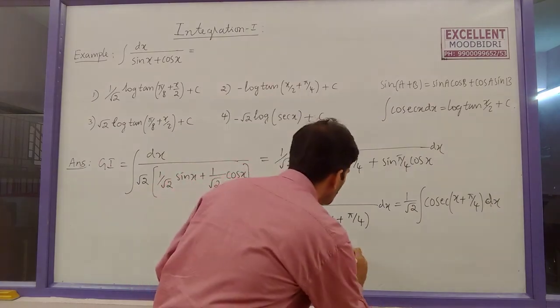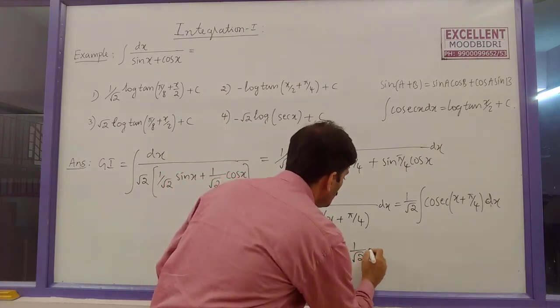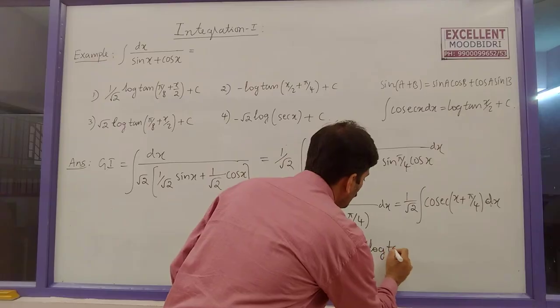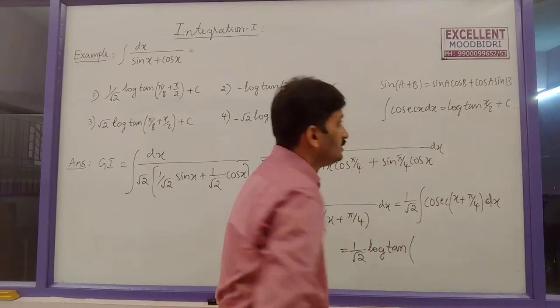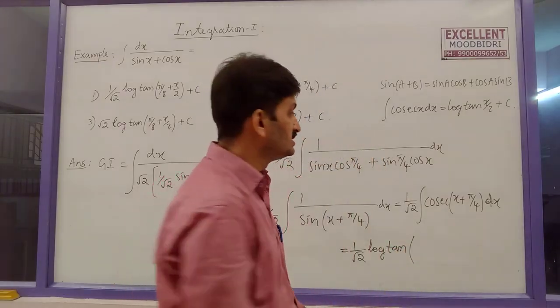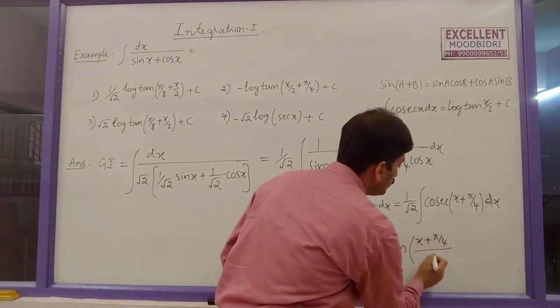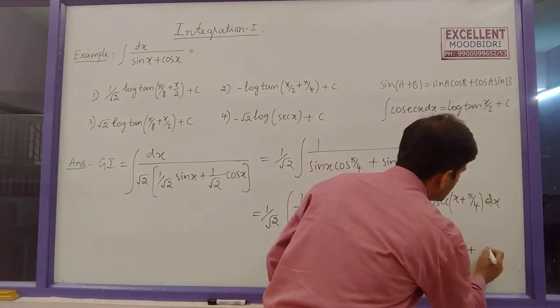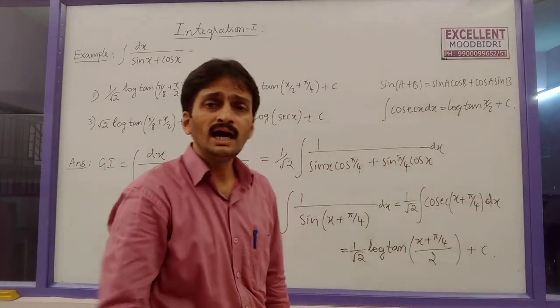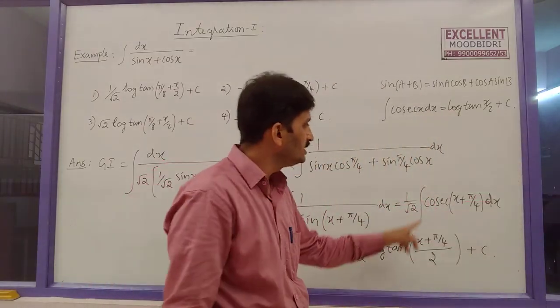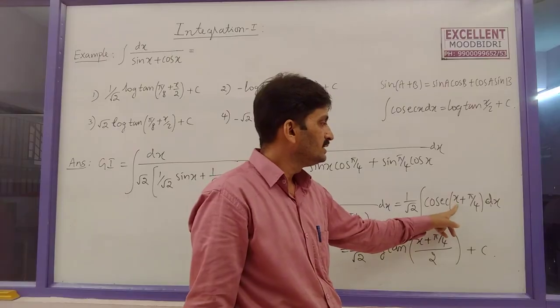So 1 by root 2 log tan of x by 2, but in place of x, right, x plus pi by 4 whole divided by 2, plus c. Correct? And you can ignore the whole divided by 1. Here, what is the coefficient of x? 1x.